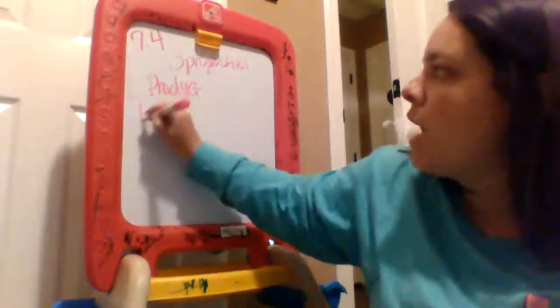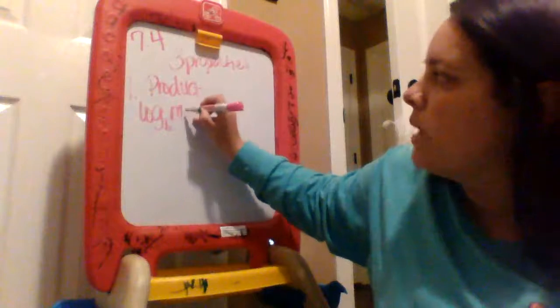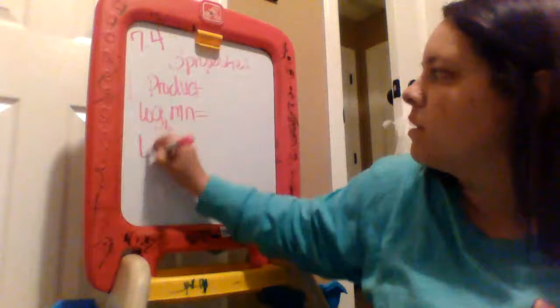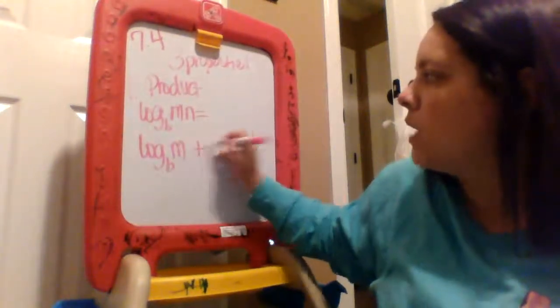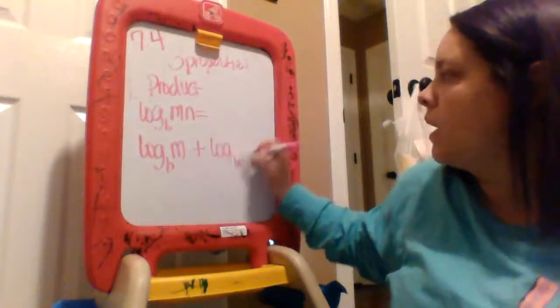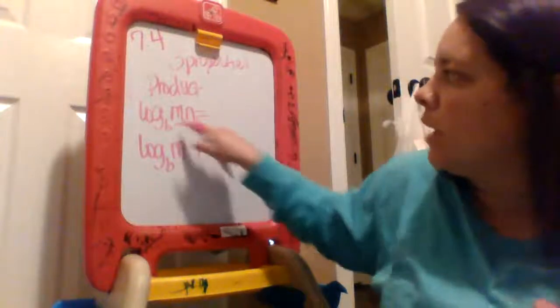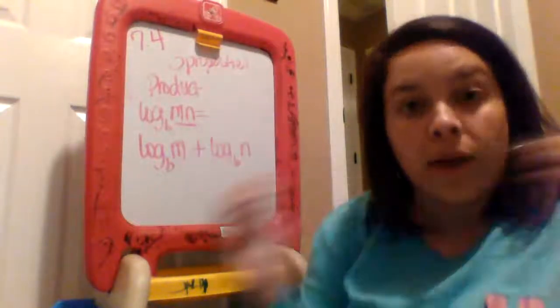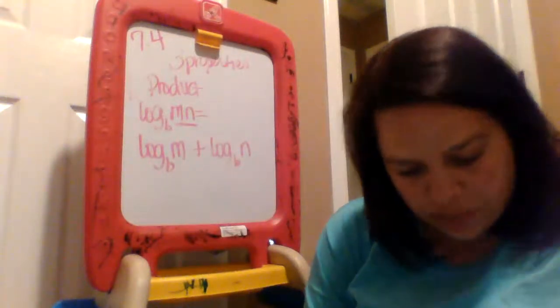The product property says that if you have log base b, and that base could be any number, of something that is m times n, you can separate that to be log base b of m plus log base b of n. If this is multiplication, m times n, you can separate them to be log base b of m plus log base b of n.